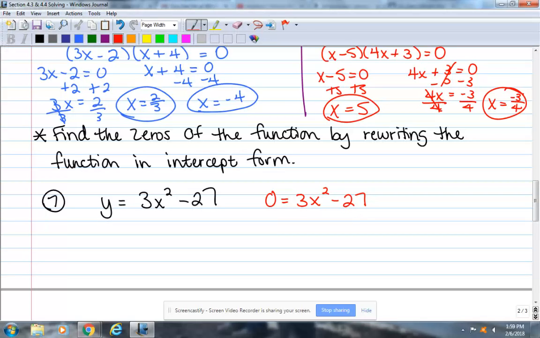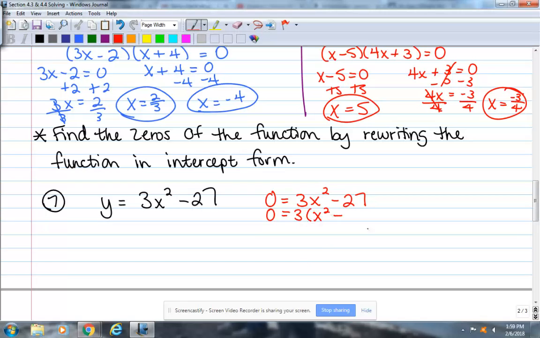Okay? So how do we factor 3x squared minus 27? First, we look for the what? Is there a GCF besides 1? 3. Mm-hmm. And what times 3 is 3x squared? x squared.